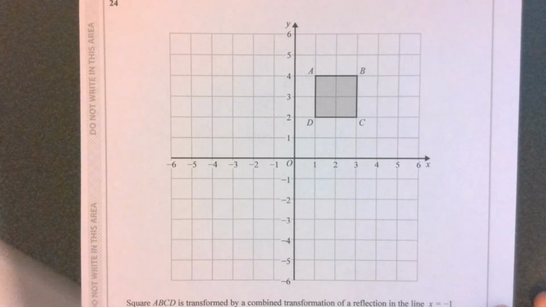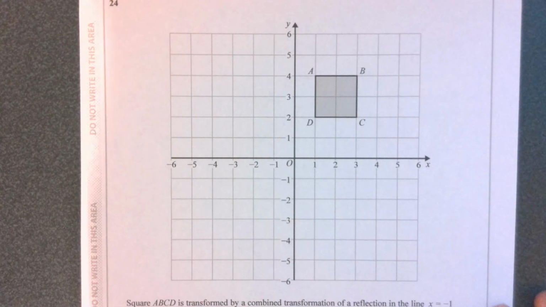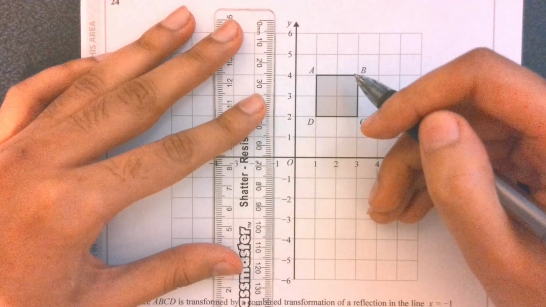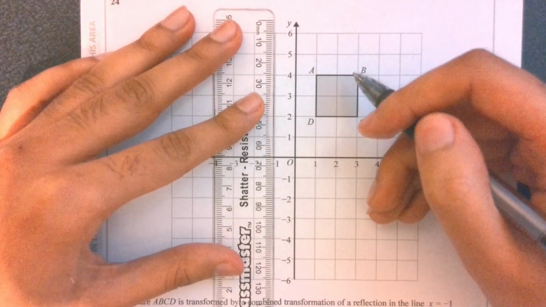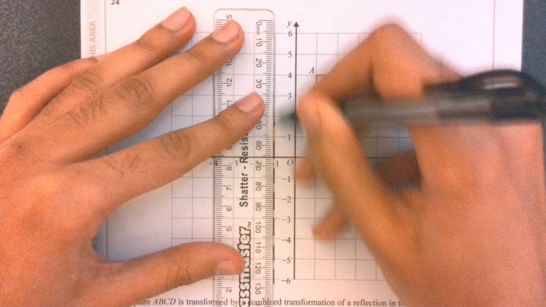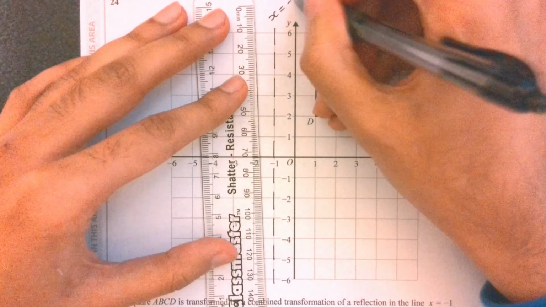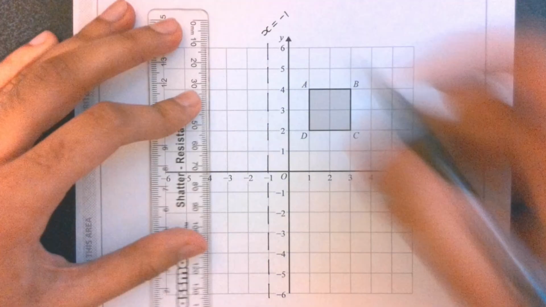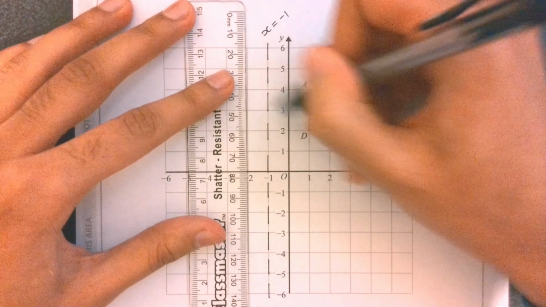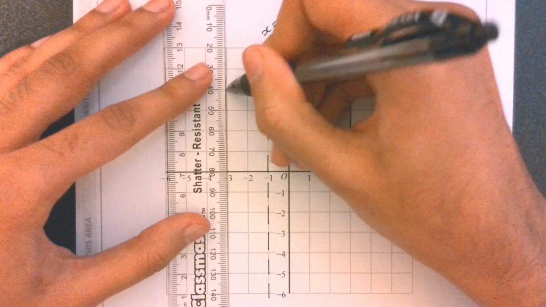So I think a good place to start this question is by reflecting this square in the line x equals minus 1. So if I do that, let's draw the line x equals minus 1, like so. So here we've got the line x equals minus 1, and if I reflect this shape, the shape goes to here.